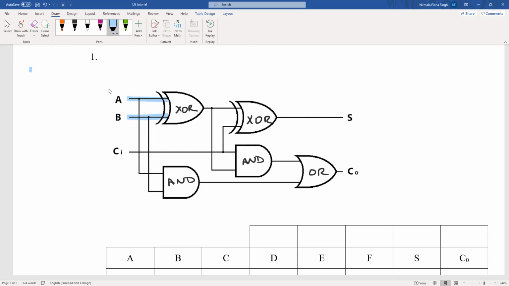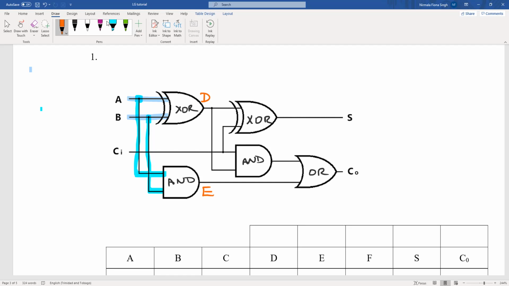So A plus B through the XOR will give us D. Following again with the marker, if you look here, I am now going to be taking B and A. The B and A are running through two logic gates, so it's now going to run through an AND gate. Since we have A, B, C, let's label this E.